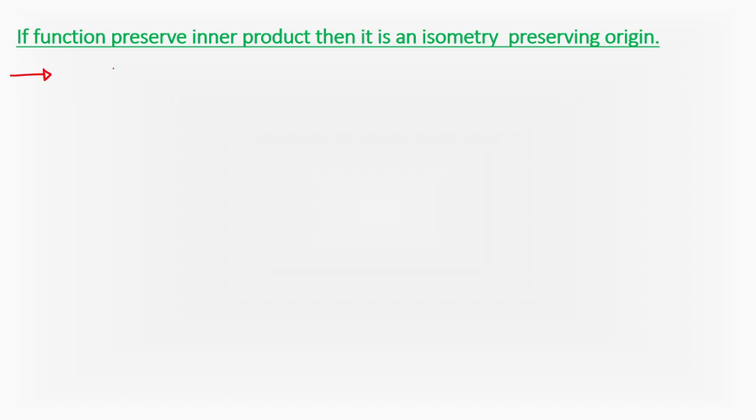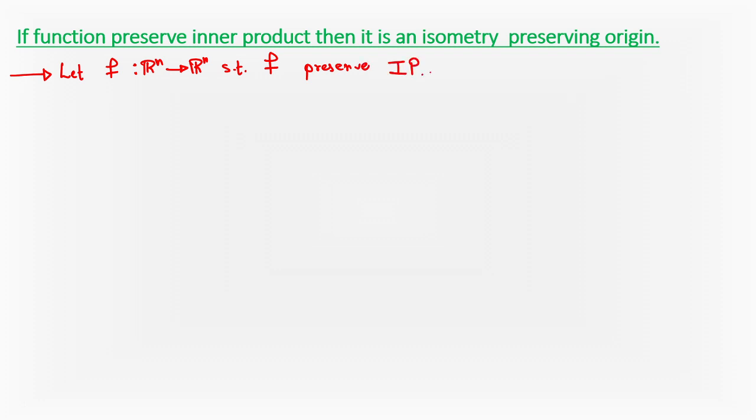So I start my proof like this. Let f be a function from Rn to Rn such that f preserves inner product.